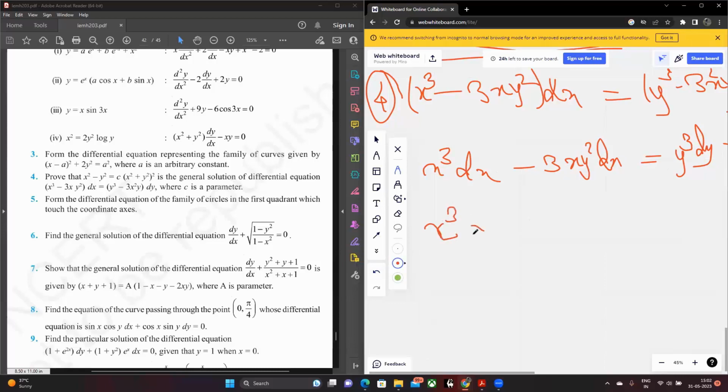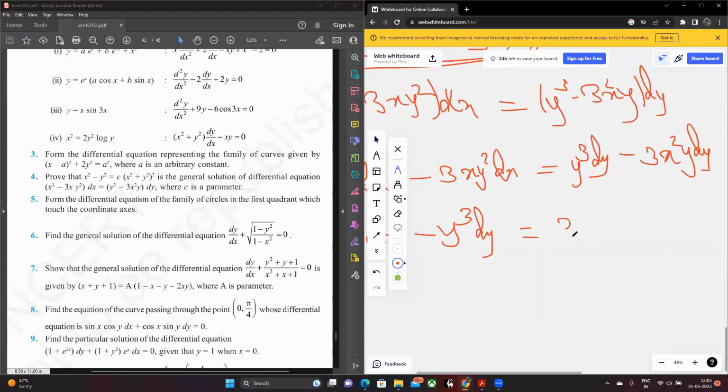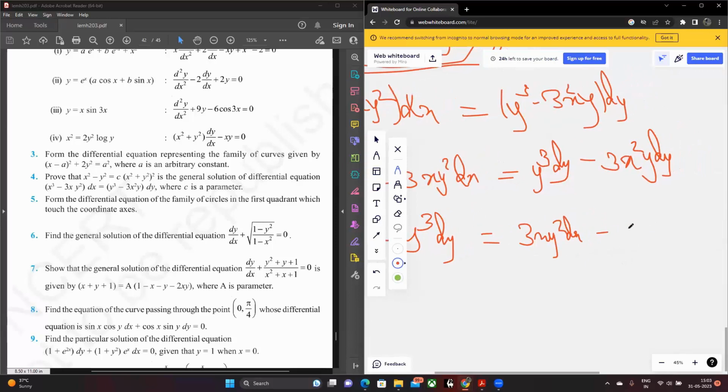This is basically x cubed dx minus y cubed dy equaling 3xy squared dx minus 3x squared y dy.